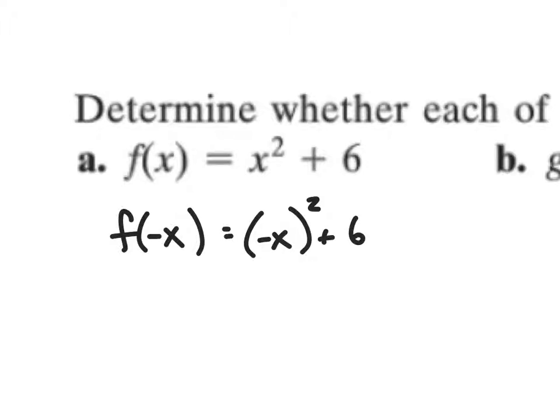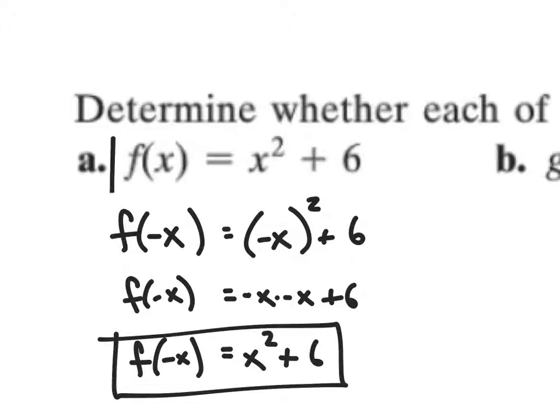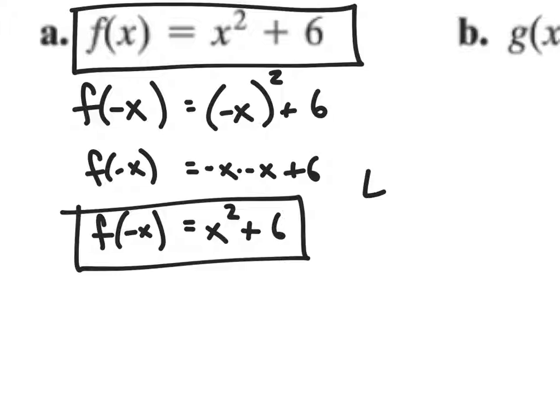Negative x times negative x plus 6 is equal to f of negative x. Negative times negative gives me a positive, so I get x squared plus 6. So f of negative x is equal to my original function. Therefore, this is even.